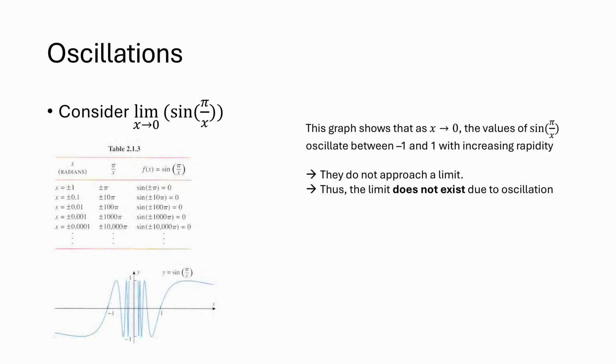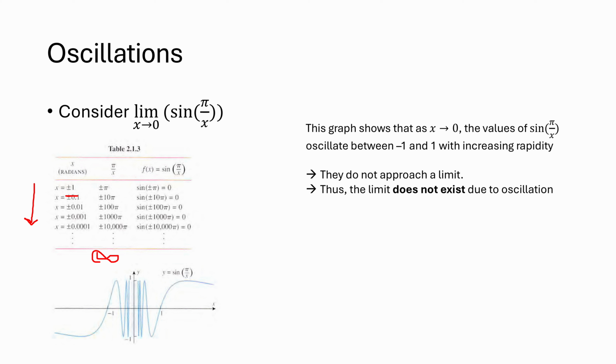What I mean by oscillations is if you consider the limit as x goes to 0 of sine of pi over x, and that is the graph above, and the table describes 1 radian until it approaches 0 radians, and pi over x approaches a value of infinity because it increases by a factor of 10 times pi.